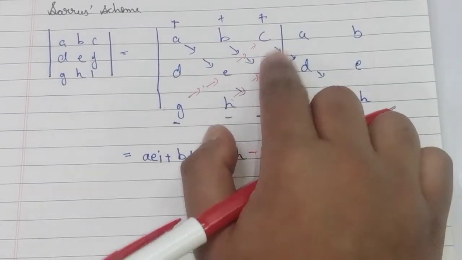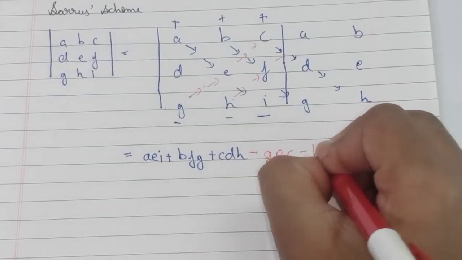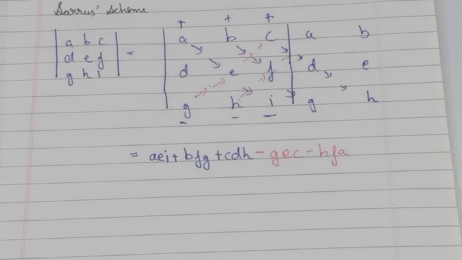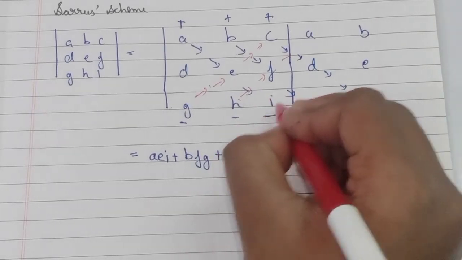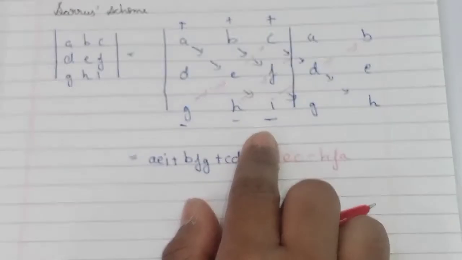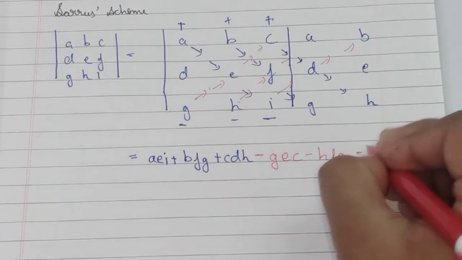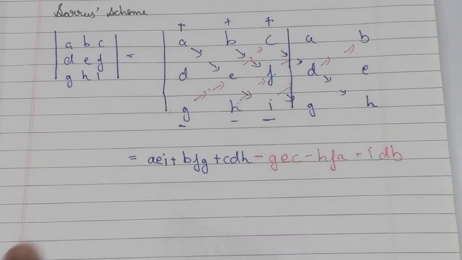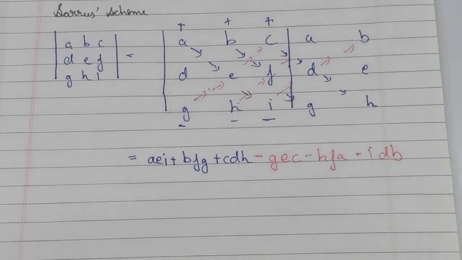So this is negative H, F and A. And at the last we have I, D and B, so we have negative I, D and B, and hence we got our determinant.